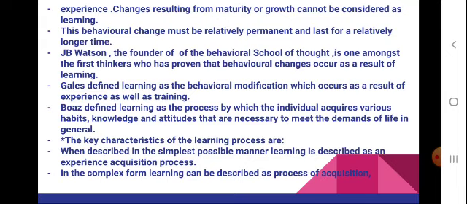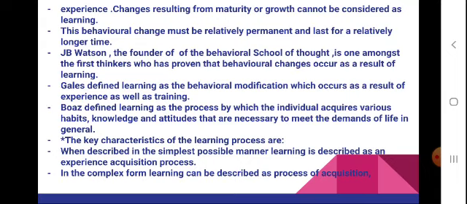Now, children, the key characteristics of the learning process are: when described in the simplest possible manner, learning is described as an experience acquisition process. It means learning is a process of acquiring experience.